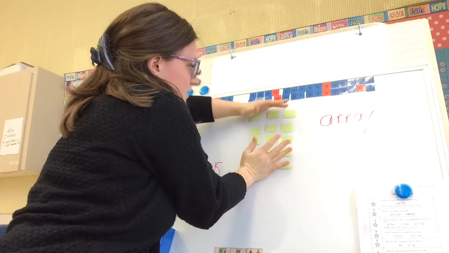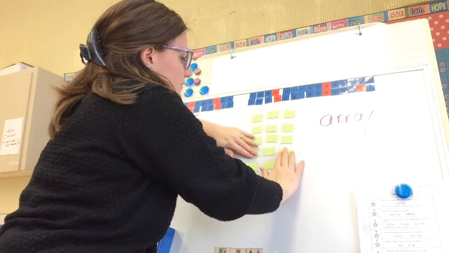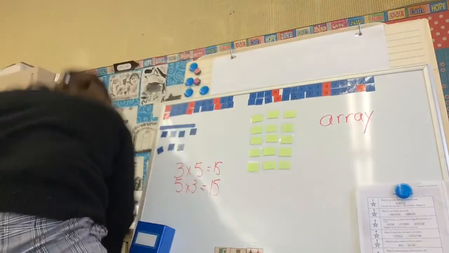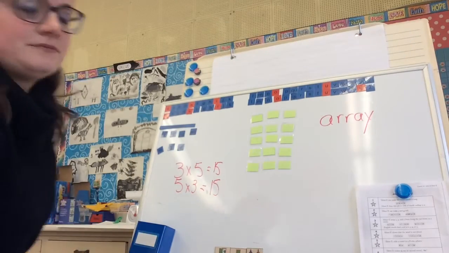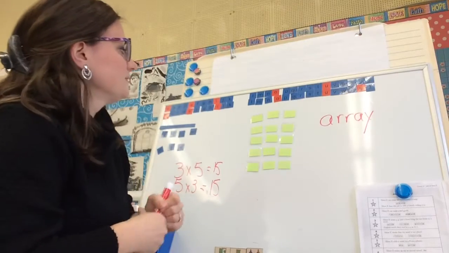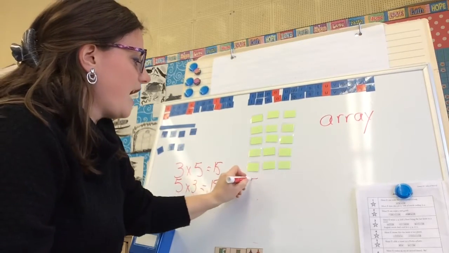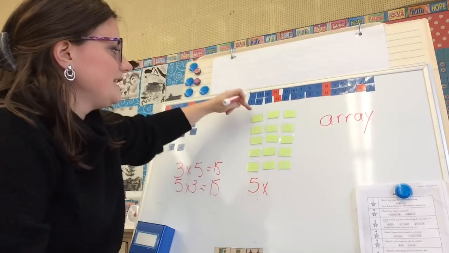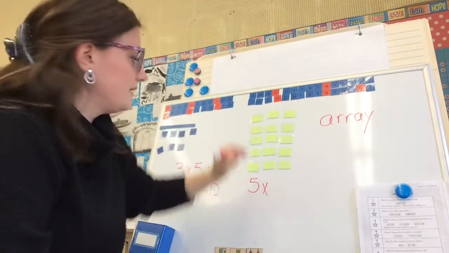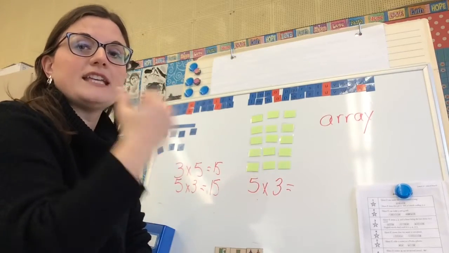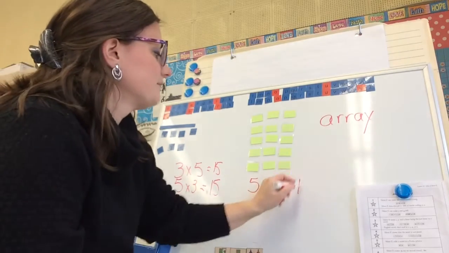Okay, so when I turn it, how many rows do I have now? Can you count how many rows I have now? I have 1, 2, 3, 4, 5. I have 5 rows. And how many's in each row? 2, 3. So I can count by 5s. 5, 10, 15.